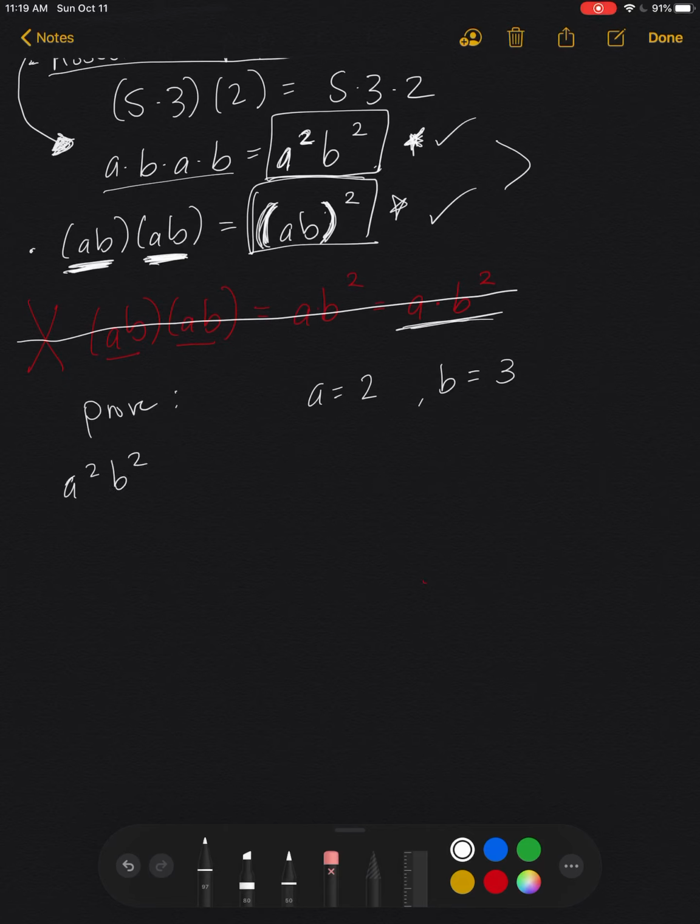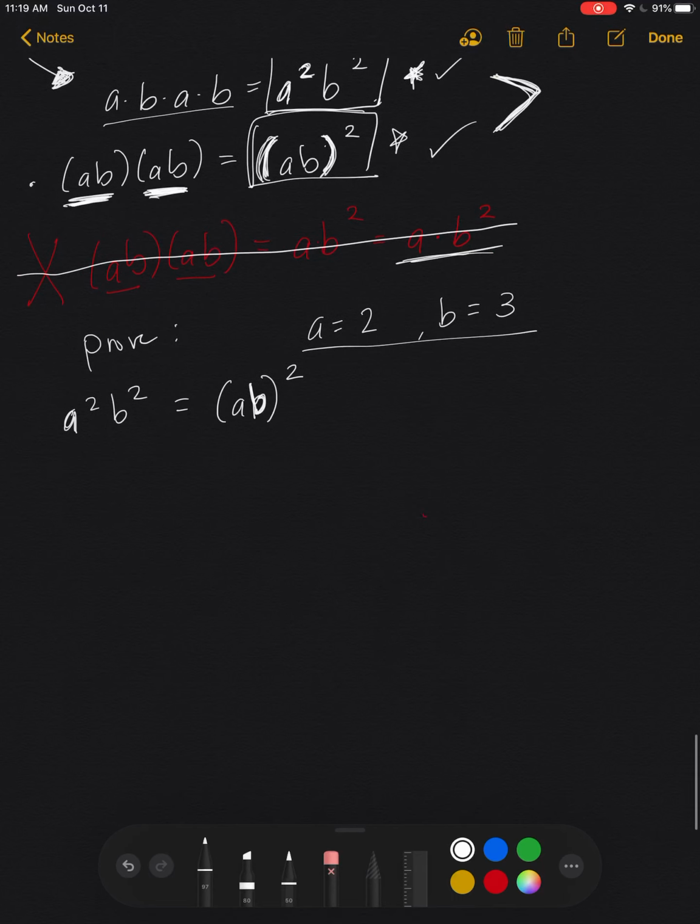So I'm going to prove that A squared times B squared is equal to (AB) squared. I'm proving that these two are the same, which I've already said they are. You can pick any two numbers you want as long as they're consistent. I'm just picking small numbers because I like to do it that way.